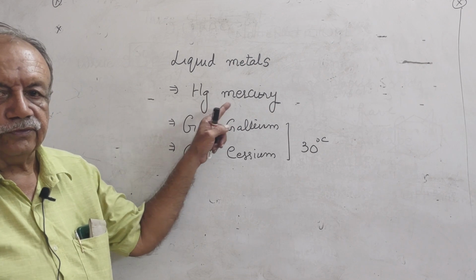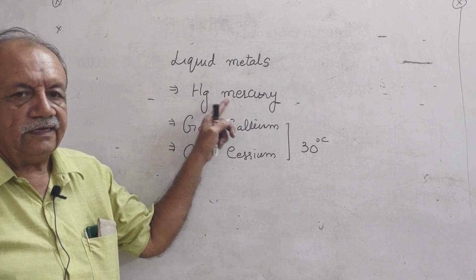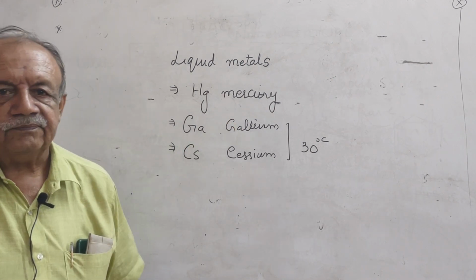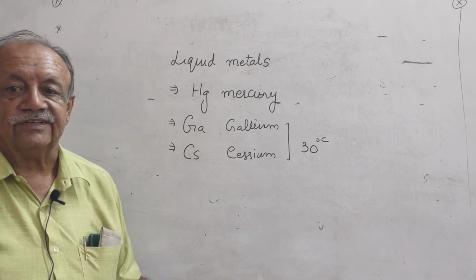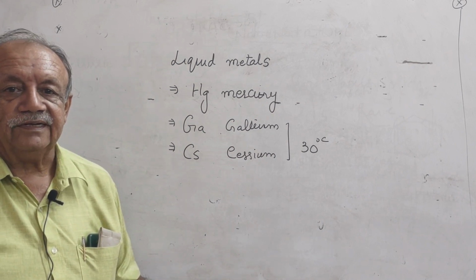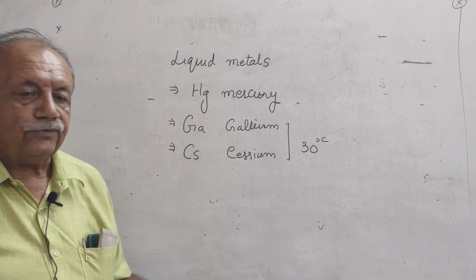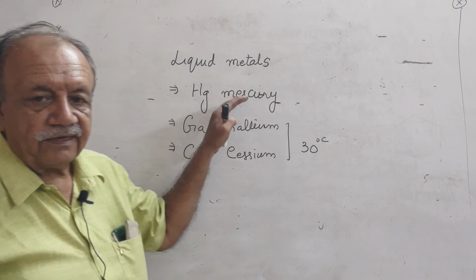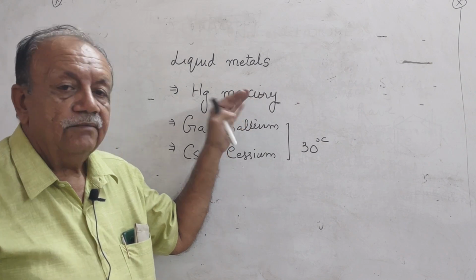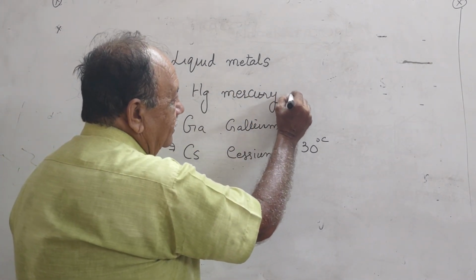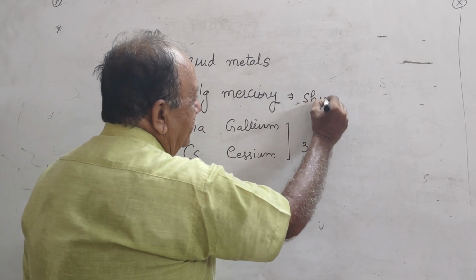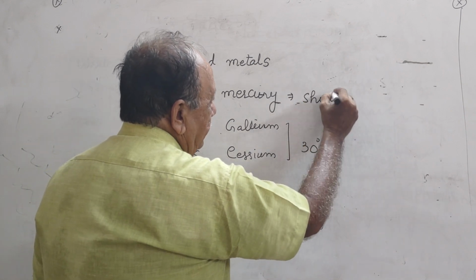And all of you know, mercury is used in thermometers. But why is it used in thermometers? Mercury is shining in nature.